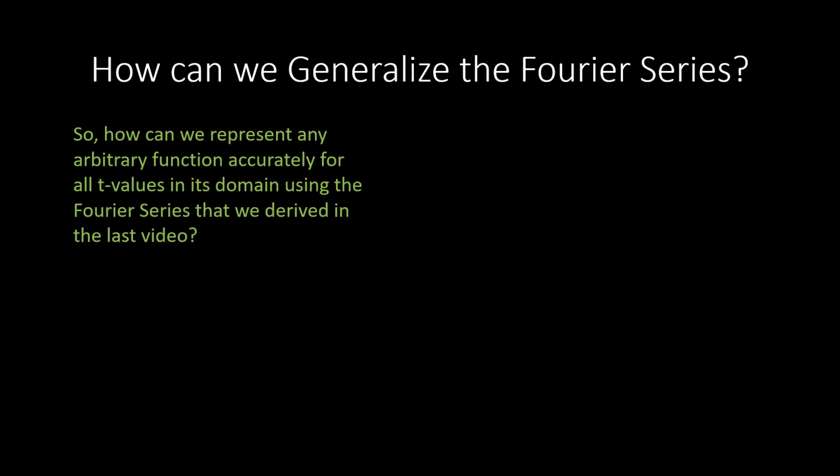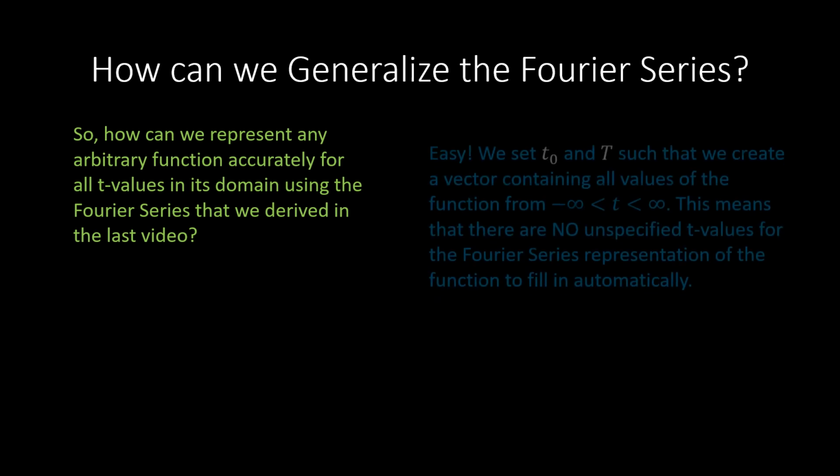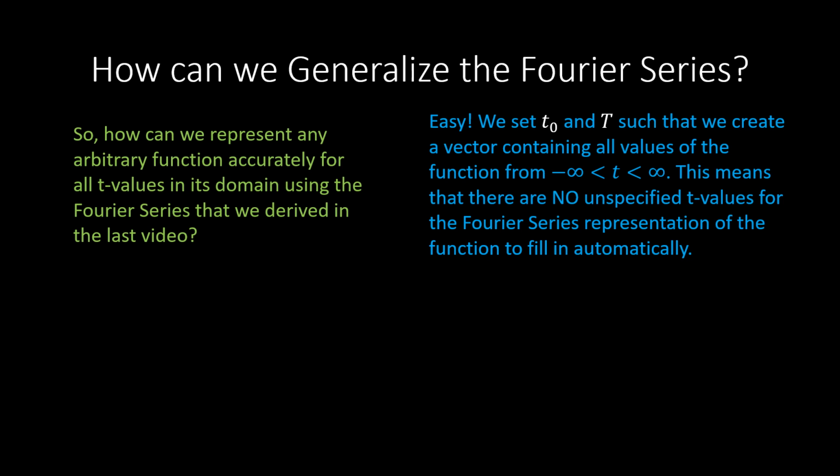So how can we generalize the Fourier series? In other words, how can we represent any arbitrary function accurately for all t values in its domain using the Fourier series that we derived in the last video? How can we represent any function, even if it's not periodic with period T? And this is actually simple.